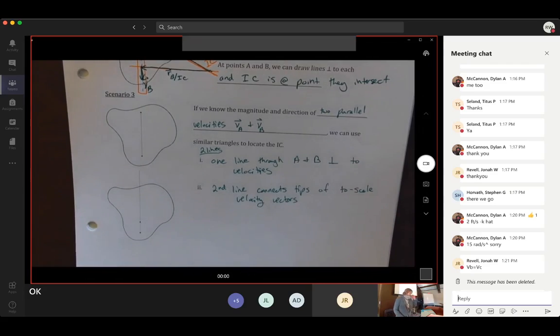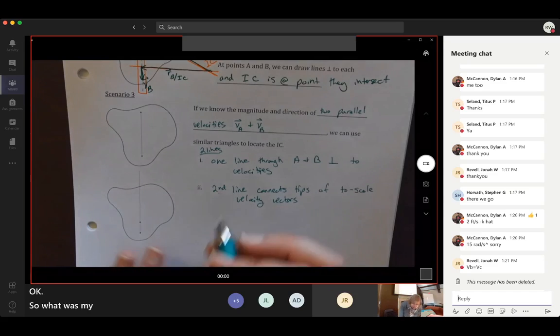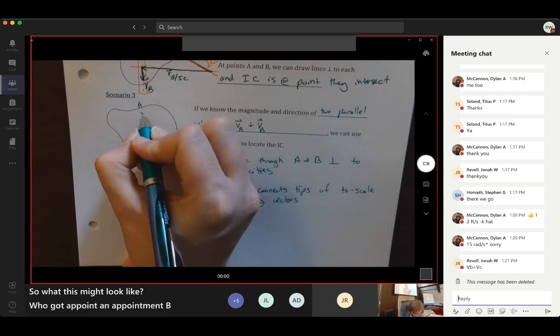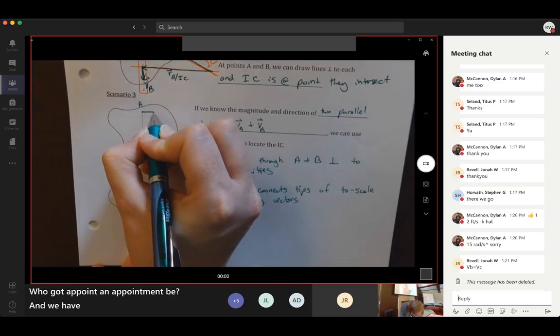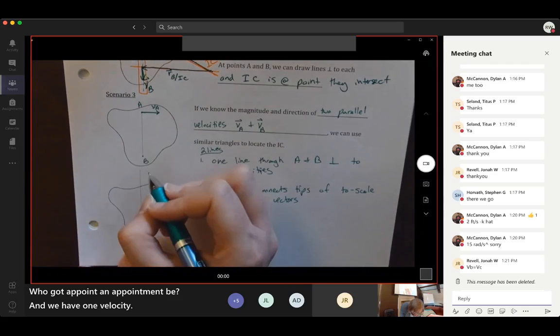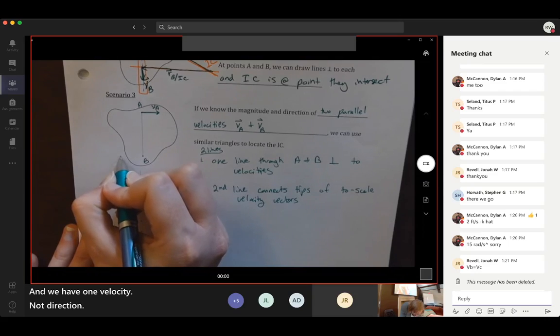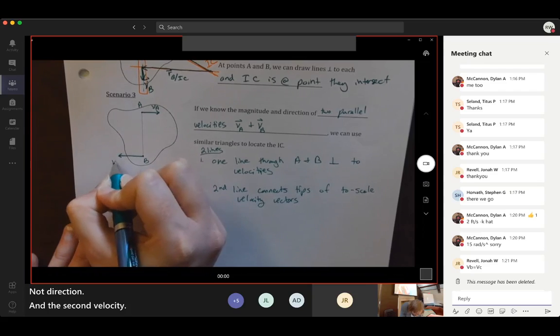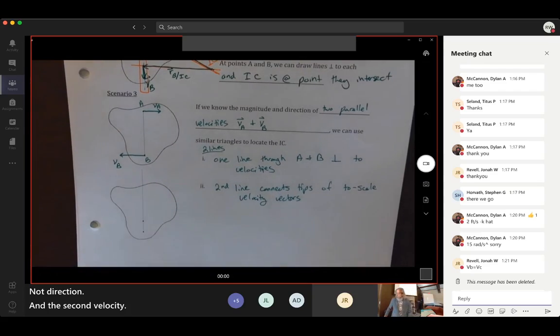Okay. So what this might look like, we've got a point A and a point B, and we have one velocity this direction, and a second velocity this direction.